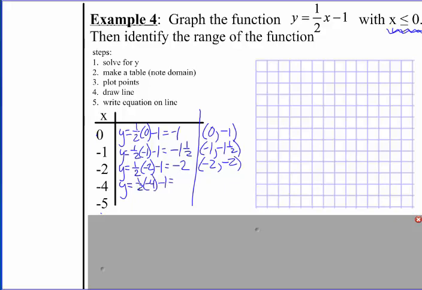So half of -4 gives you a -2. -2 minus 1 would be -3. So -4, -3. And then 1/2 times -5 minus 1 is -2.5, -3.5. So -5, -3.5. So those are our ordered pairs.